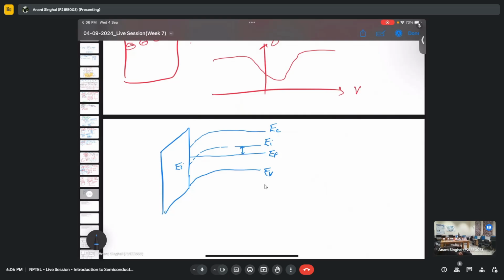This is what we already know. This is what we call the Fermi potential, the difference phi F. Fermi potential is nothing but EI at bulk minus EF at bulk. Bulk means I'm calling this region bulk now, and this region interface.